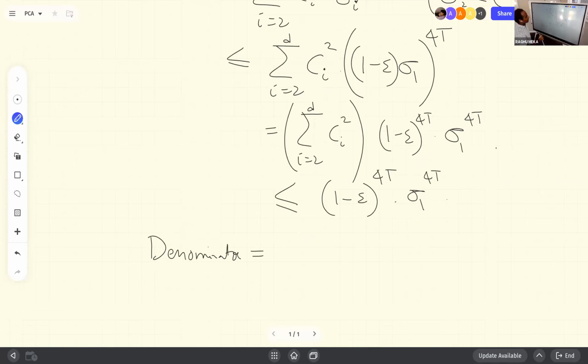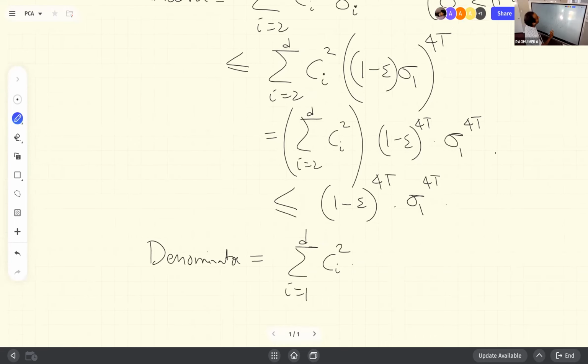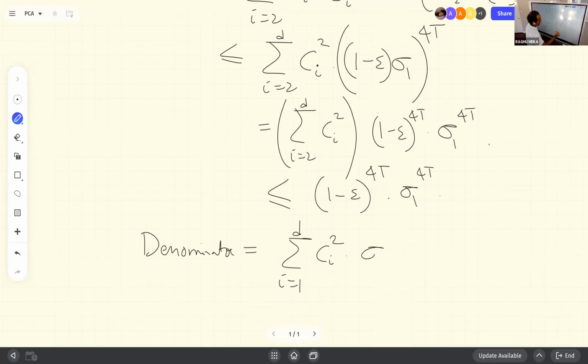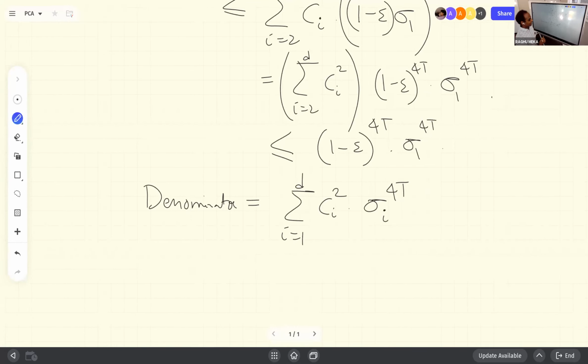So we also have c_i squared times sigma_i to the 4t. Let's forget everything else. I at least know this is as big as the first term.